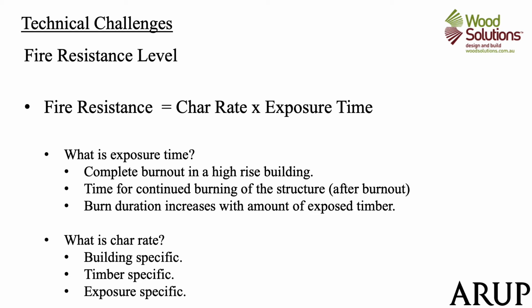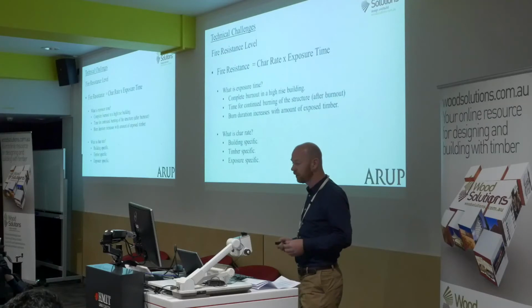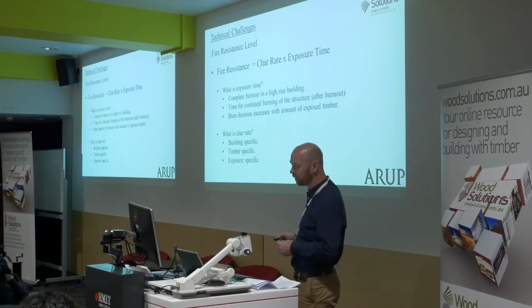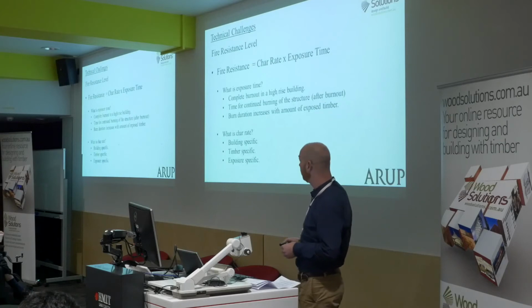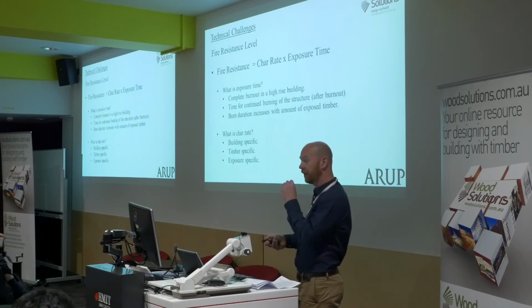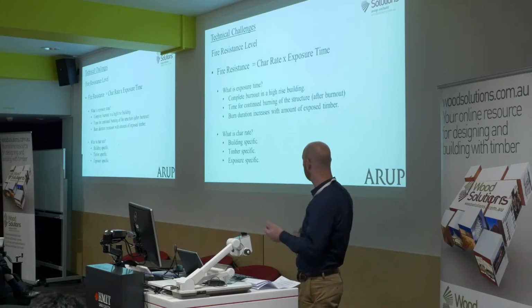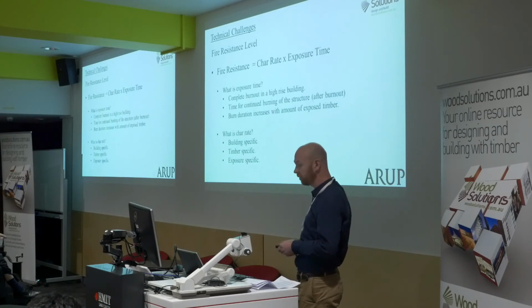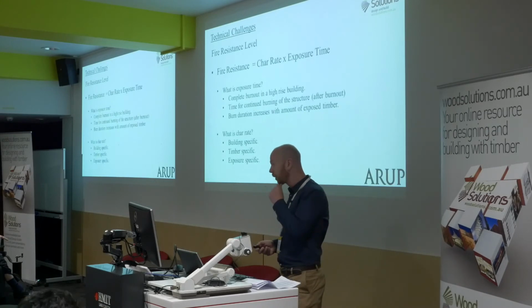So the other side of that equation, what's the char rate? There's very simplistic char rate calculations you can do, but they're not always applicable. They're not really applicable to CLT. I know that the Euro codes are being modified so it can be used with CLT. It's building specific, so in terms of fire compartment size, fuel load, ventilation, so it's basically related to the intensity of the fire, which Paul touched upon.